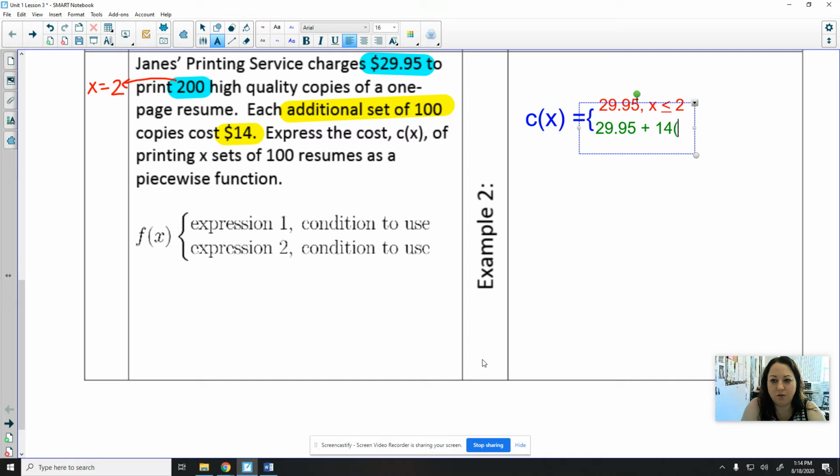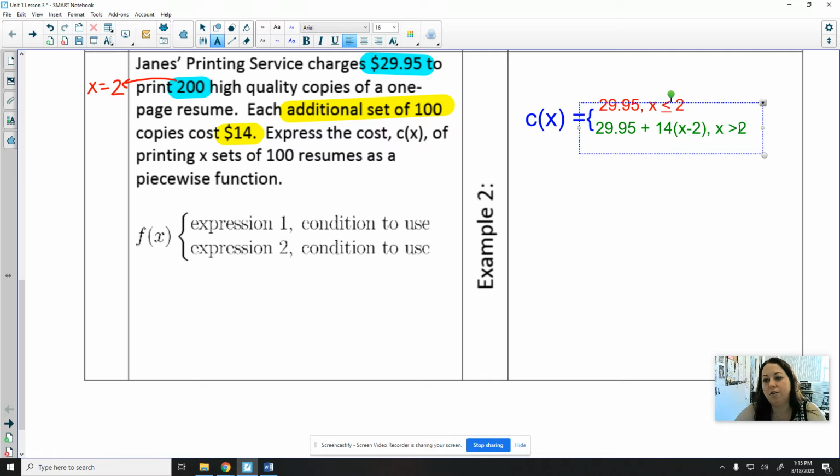And then just like the last question, you're going to have in parentheses whatever X value you have minus the number of sets you get for $29.95. I get 2 sets. So that's the equation I would plug into. And then my condition is going to look like for all X values that are greater than 2.